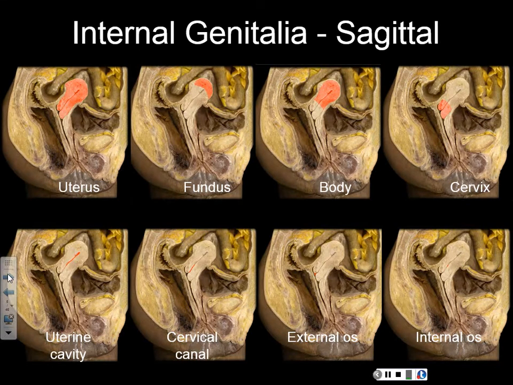So the cervical canal is over here, and this is like the plug that closes the uterus on the external side. So it's the external os, and then the internal os also kind of closes the interior part of the cervical canal.